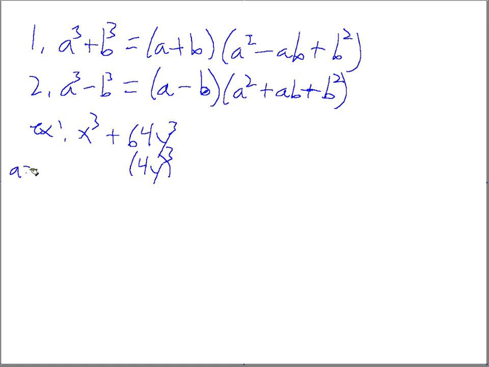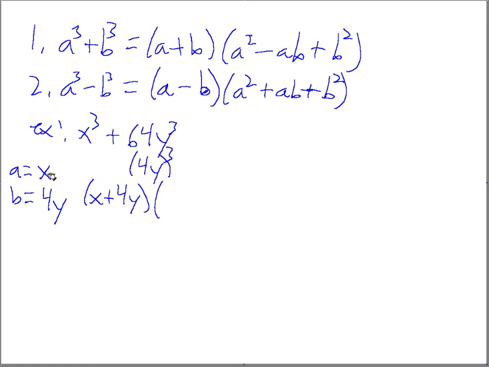So my a is going to be just the x. My b will be what? In this case, b cubed is 64y cubed, so b must be 4y. So therefore, once we apply the formula, we just write the answer down. So a plus b, that's going to be x plus 4y, times a squared.